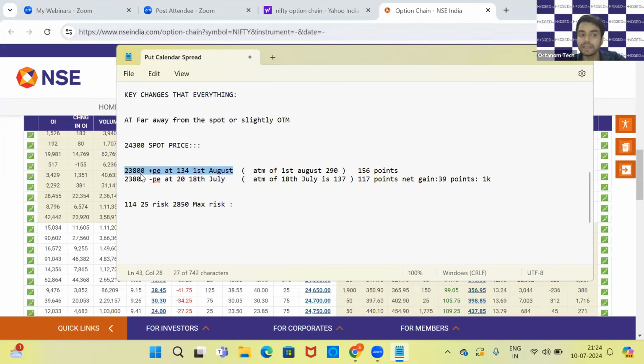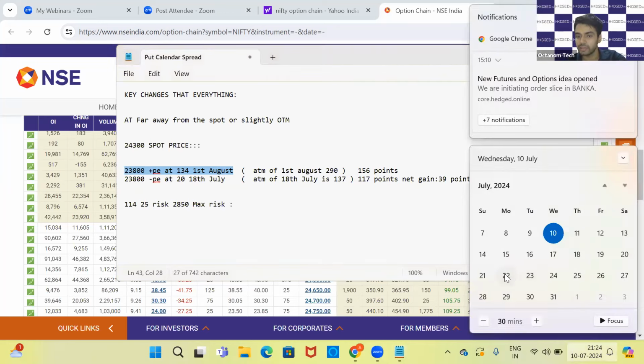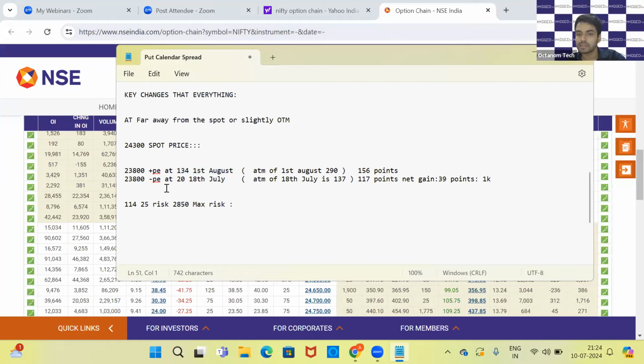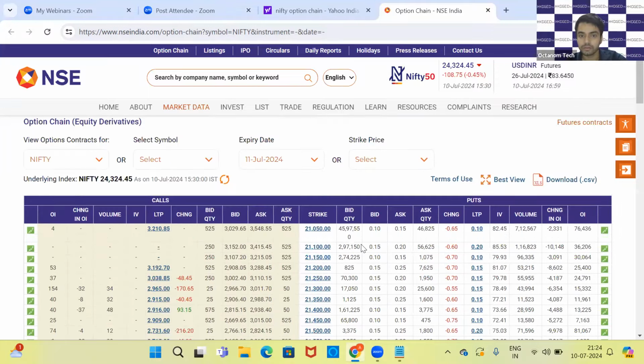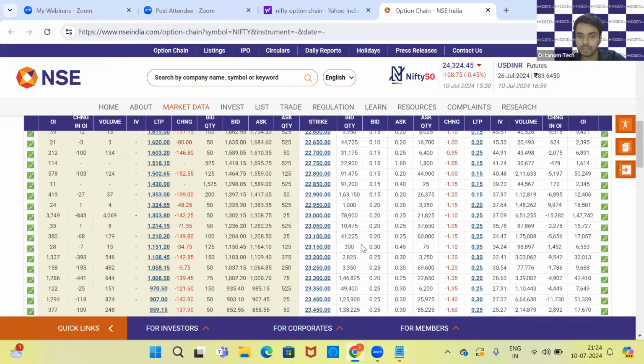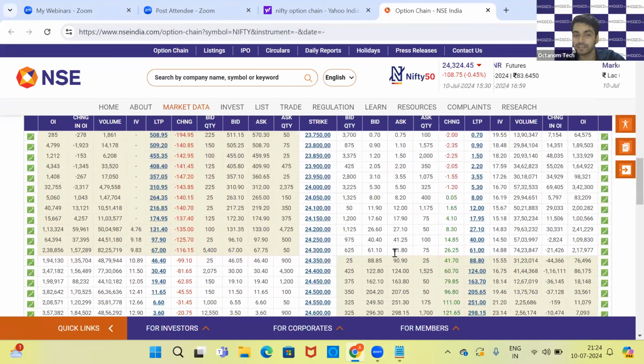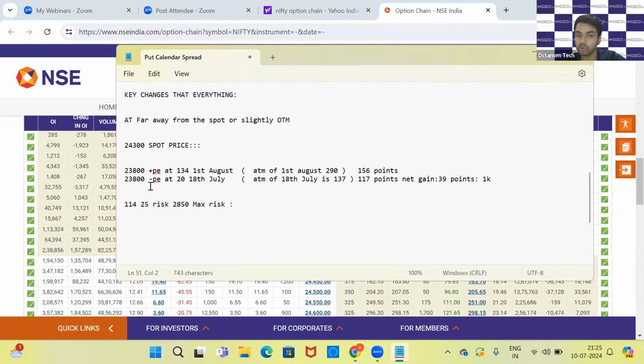And if my 23,800 is starting to make money, and Nifty comes gradually down, because this is of 18th July, if Nifty starts coming down to these levels gradually, this will not become 117. Now I'll show you the values right now. Your 11th July at the money puts are trading at 61. It's trading at 61, friends. So if it comes down to those levels, this is going to be 61. Just imagine I'm going to lose only 40 points over here.